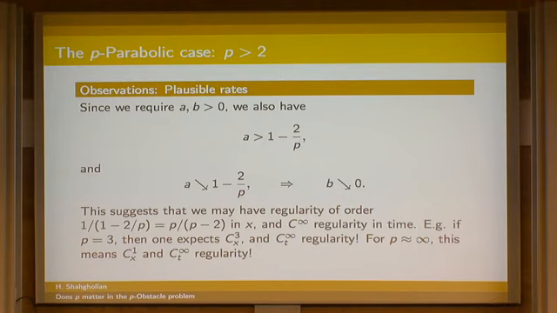And the exact regularity is this. You always have to reverse this. So the regularity is reversed. So this is p minus 2 over p. It means that p over p minus 2 is the regularity. Okay, this is the regularity in x, but b is 0. It means infinite regularity in time.